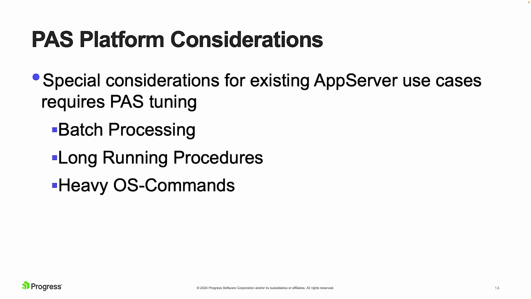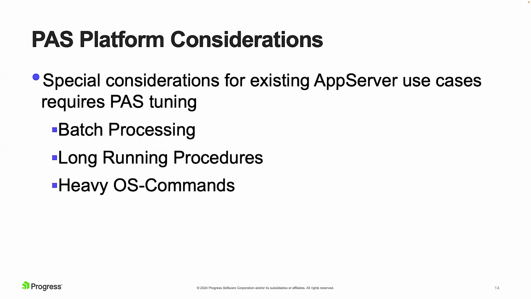Some of the things that you might want to consider from an application perspective as you move off of a classic app server to a PAS environment: PAS out of the box is not tuned for batch processing or long running procedures.